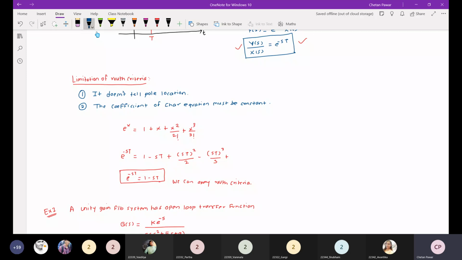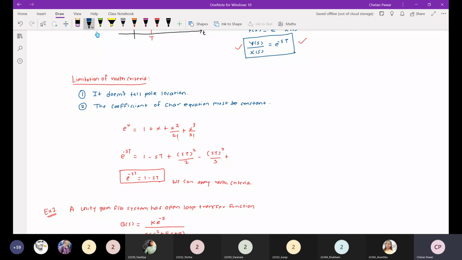We can't get the exact pole location using a Routh table. The second limitation is that the coefficients of the characteristic equation must be constant. That is obvious because we are performing this analysis on LTI systems, linear time invariant systems.